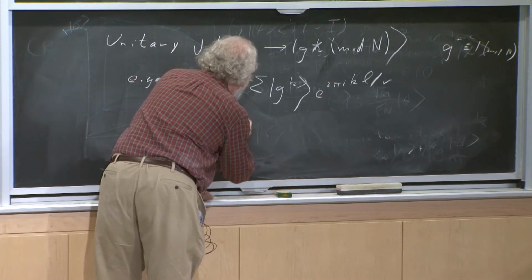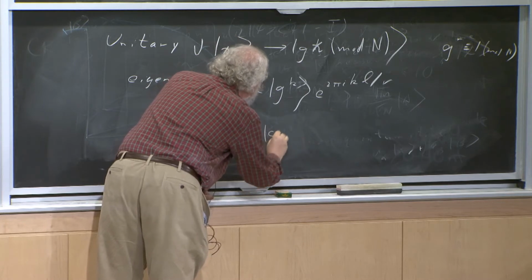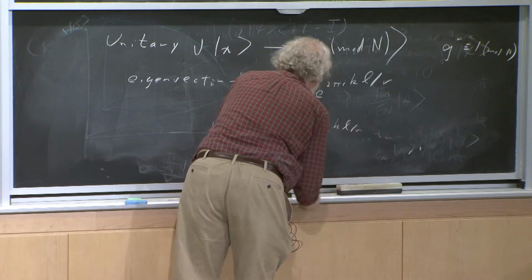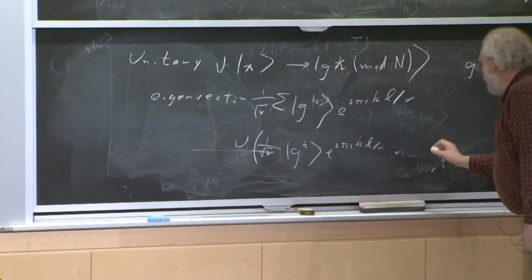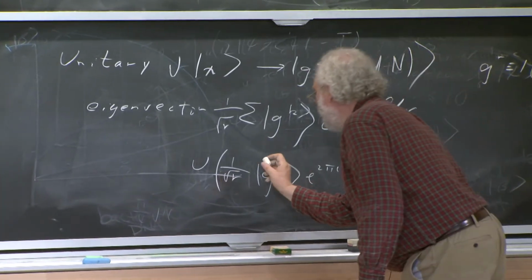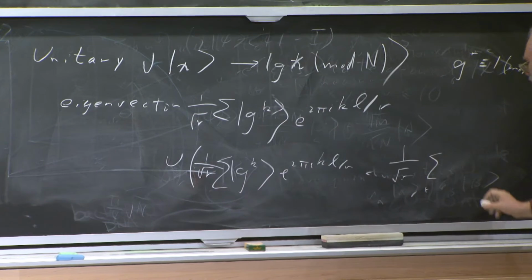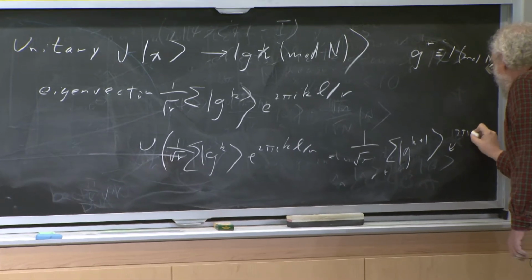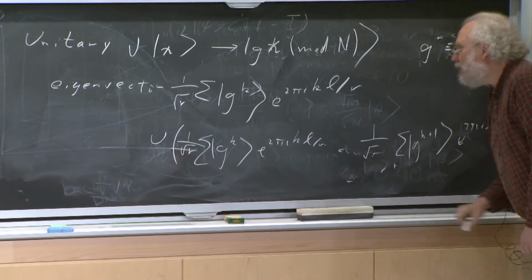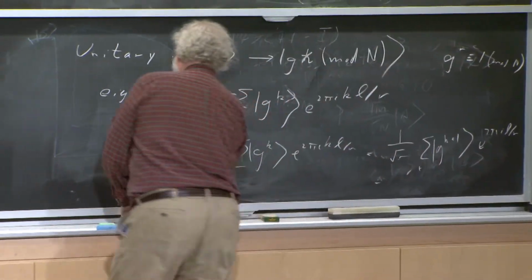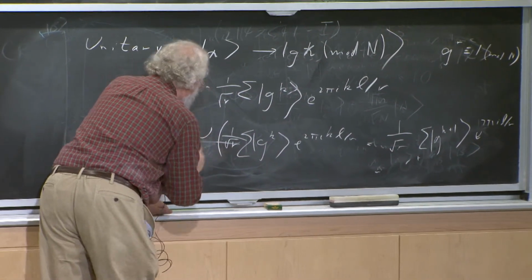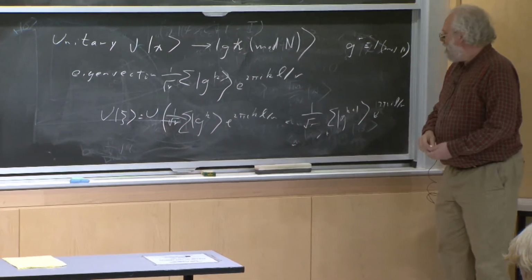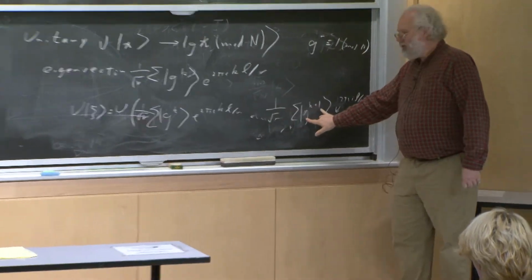U times 1 over root r, sum of g to the k e to the 2 pi i k L over r, is equal to 1 over root r sum of g to the k plus 1, e to the 2 pi i k L over r. What we've done is replace g to the k by g to the k plus 1.